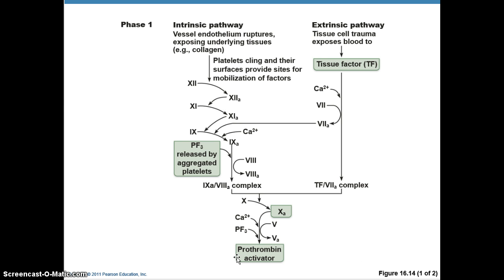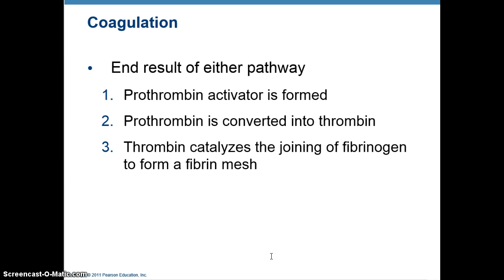The extrinsic pathway is when cells get busted open. Stuff that's supposed to stay inside a cell ends up outside the cell. One of those things that comes out of a busted open cell is tissue factor. So this tissue factor gets released. That leads to the production of prothrombin activator.